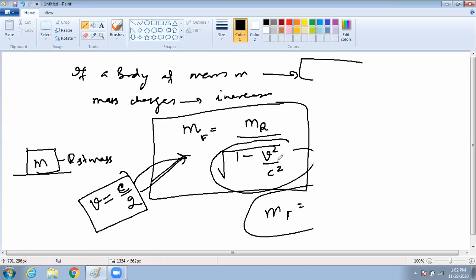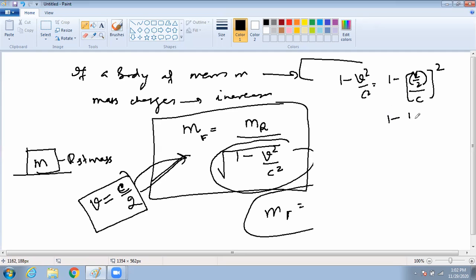So if V is equal to C by 2, 1 minus V square by C square becomes 1 minus (C by 2 divided by C) whole square. That means C gets cancelled.